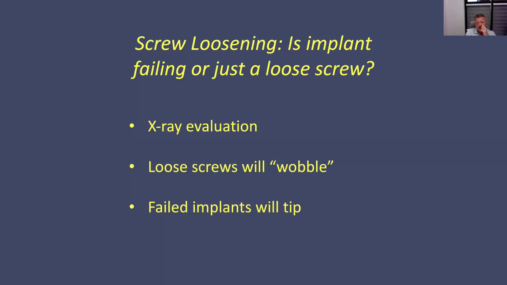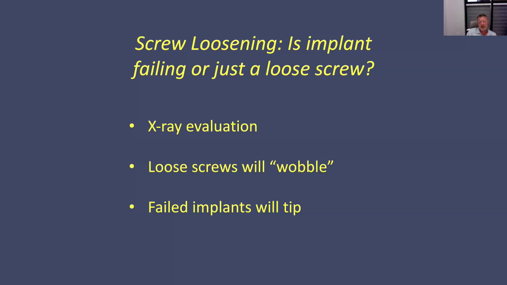Is it an implant failing or just a loose screw? Obviously, you can take an x-ray, but one trick that I really like to use for determining is, if you see enough of these, a loose screw will wobble. You'll almost feel it clicking against the hard implant, a kind of loose wobble from the top.